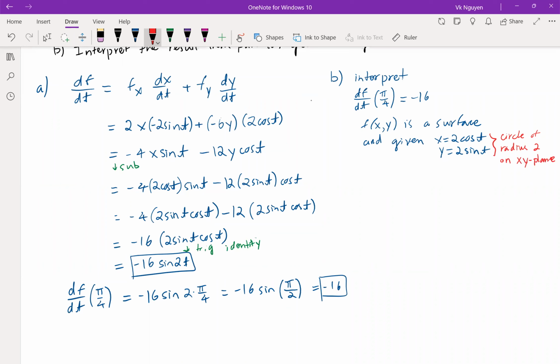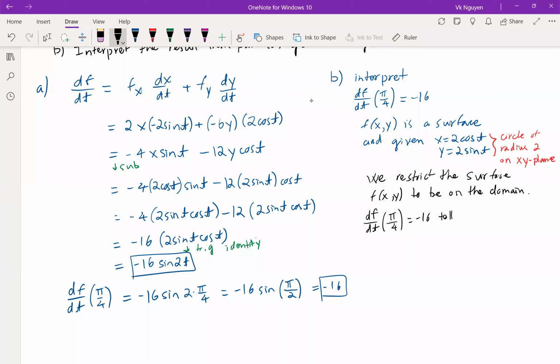So what's this mean? It means that we restrict the surface to be on this domain. df over dt at pi over 4 equals negative 16 tells us that as we walk along the boundary of the surface, it's the boundary because the domain is just a circle of radius 2 on the xy plane, right?